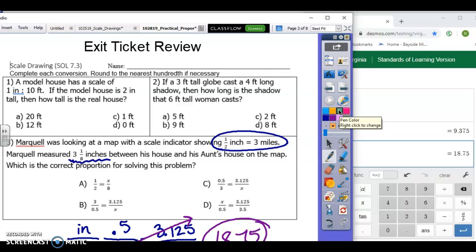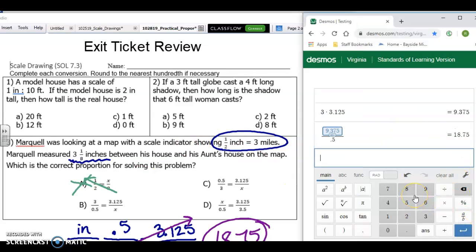So I come over here and I can look at these and say, okay, I know I multiplied 3 times 3.125. I can also check that way. The diagonals here are 8 and 1, and that is absolutely not my diagonal. So it's not A. If I look at B, my diagonals are 0.5 and 3.125. So if I don't know, I can type this in my calculator and see if I get the correct answer.